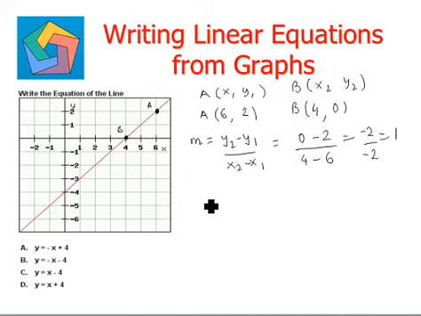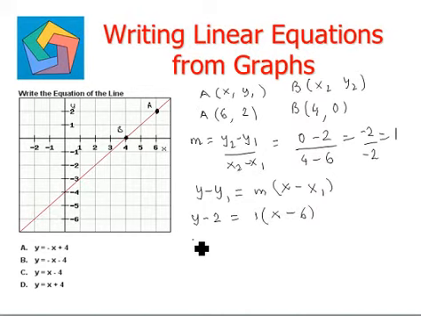Now using the point slope form, that is y minus y1 equals m times x minus x1, we'll find the equation of the line. y minus y1, which is 2, equals m, which is 1, times x minus x1, which is 6.